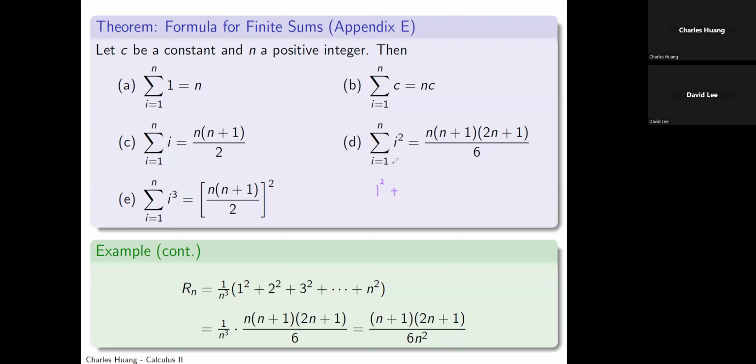We keep adding until we get to n. So we start with 1 squared, then 2 squared, then 3 squared, and then we go all the way up to n squared. So this tells you this particular sum is equal to this.